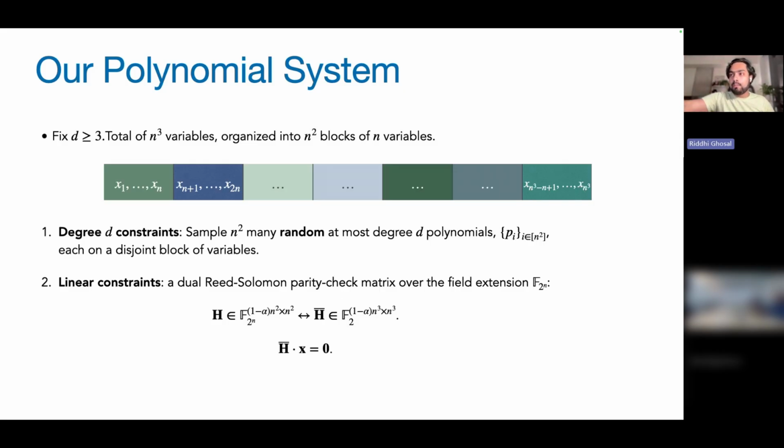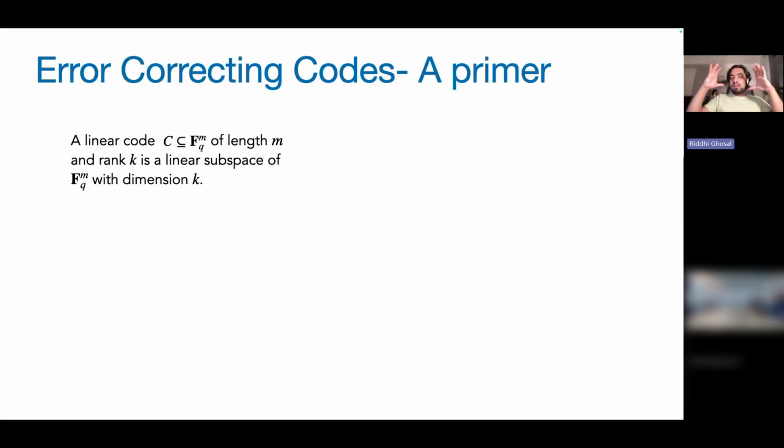So to help a little bit here, let me take a 2-minute detour into Reed-Solomon codes and the parity check matrix. When I say a linear code of length m and rank k, just think about a k-dimensional subspace of Fq to the m.